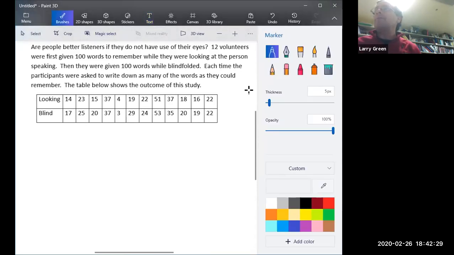Okay, when you have dependent data, our H naught is going to be mu sub D, D for difference, equals 0. And H1, we're going to have mu sub D, and then I'll start thinking about it.